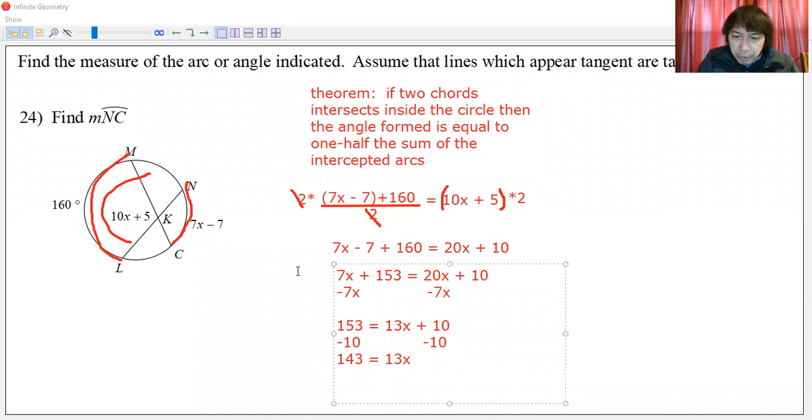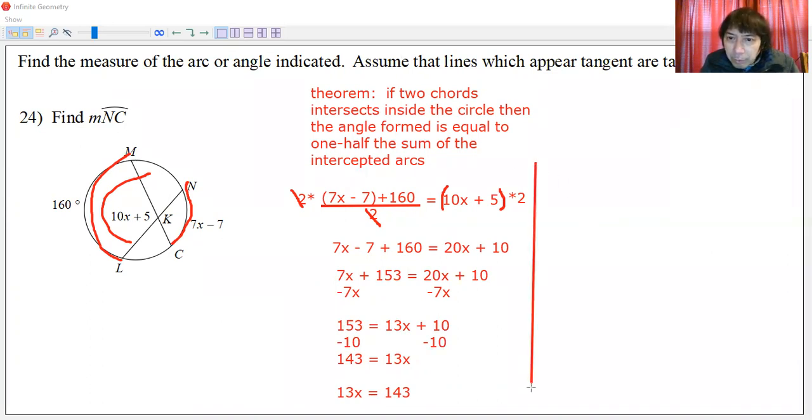This can also be written 13x equals 143. And so we can continue over here at the right side. 13x is equal to 143.